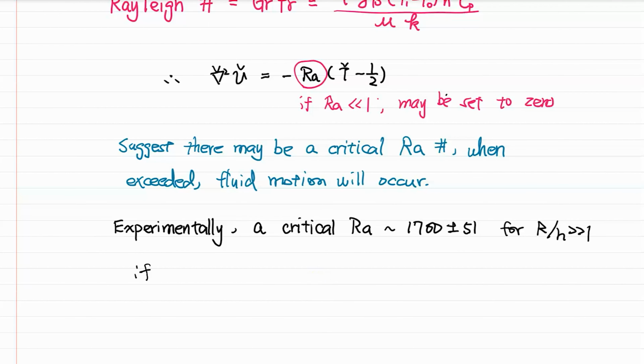If the Rayleigh number is smaller than the critical Rayleigh number, the fluid is stationary.